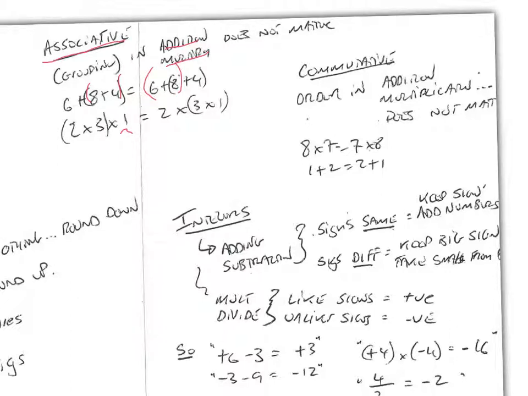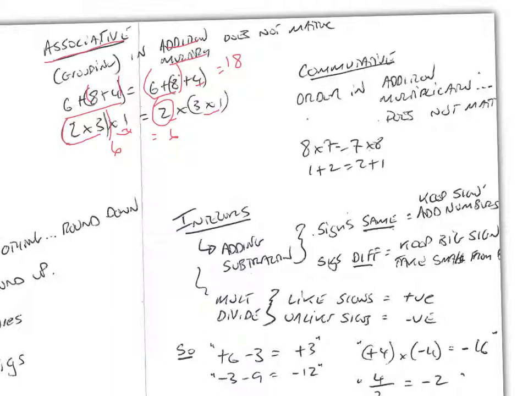So 12 and 6 is 18, 6 and 8 is 14 plus 4, that's all equal to 18 as well. And it's the same with multiplication. 2 times 3 is 6, times 1 is 6, or 3 times 1 is 3, times 2 is 6. So whether we have them inside the brackets or outside, for addition and multiplication it doesn't matter. It does with division and subtraction.